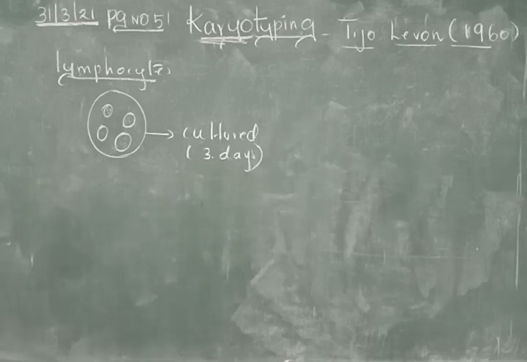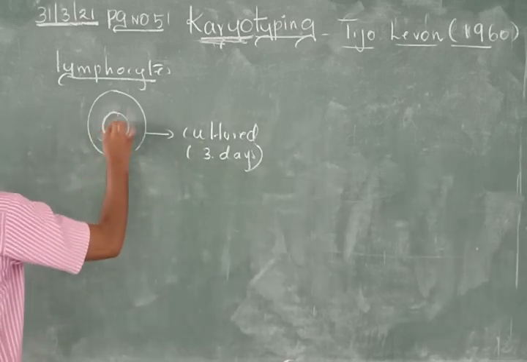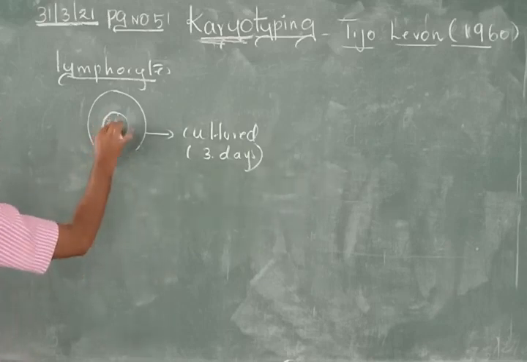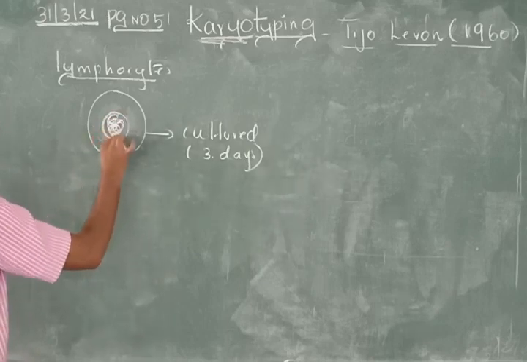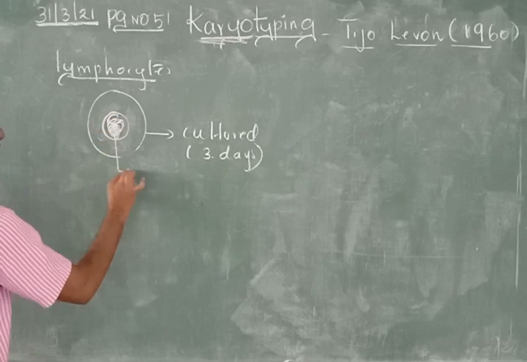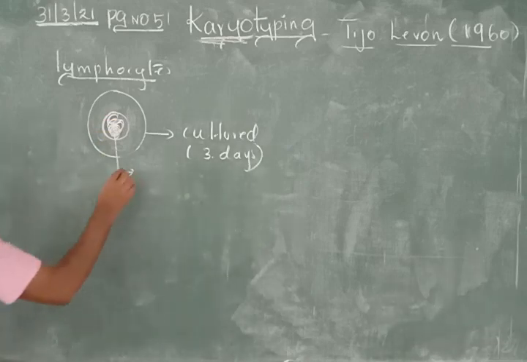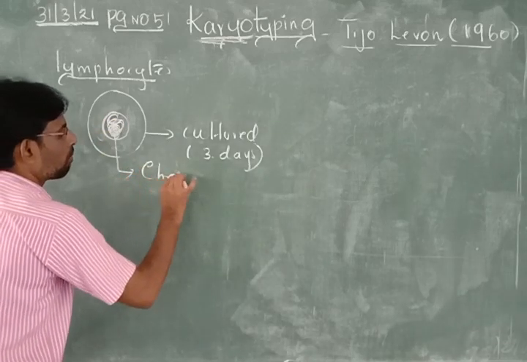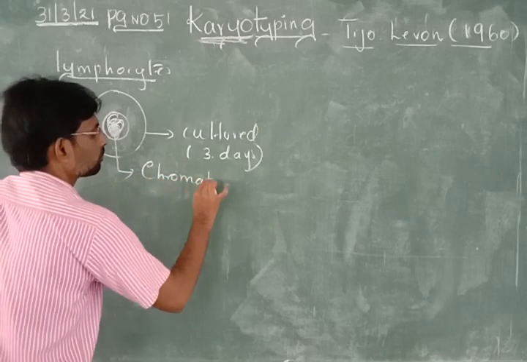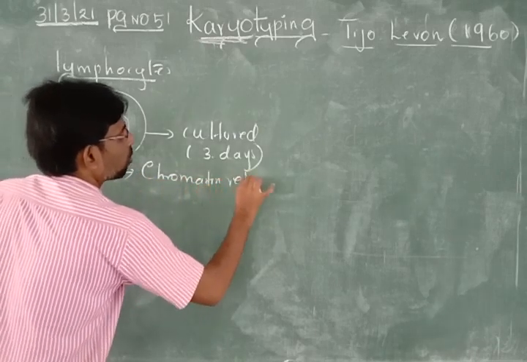Now, this is the actual lymphocyte, which has a nucleus here like this. The chromosome present inside will be in the form of a condensed thread-like structure. This thread-like structure is called chromatin reticulum.